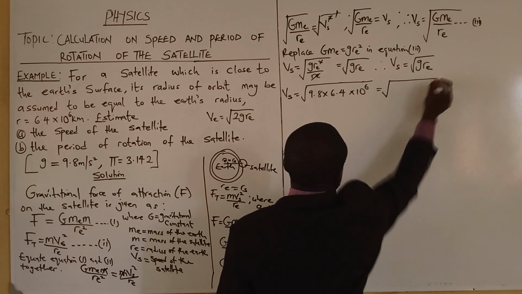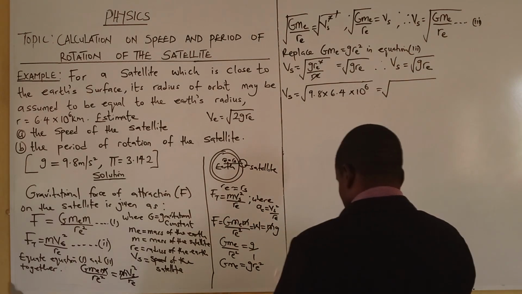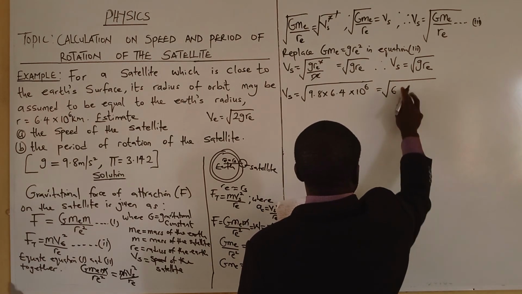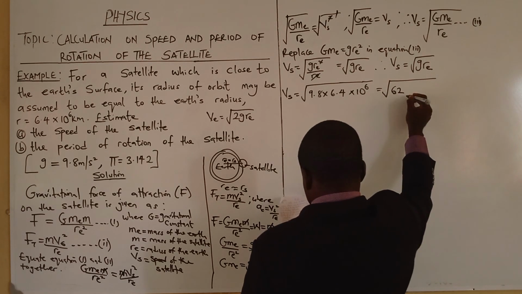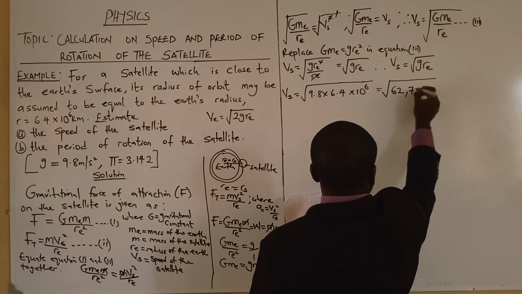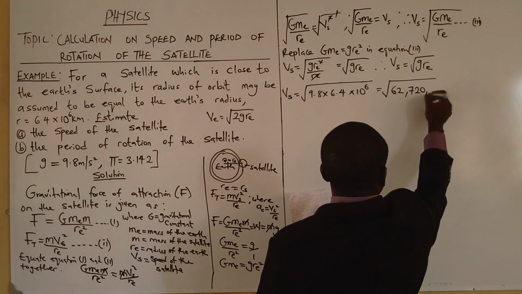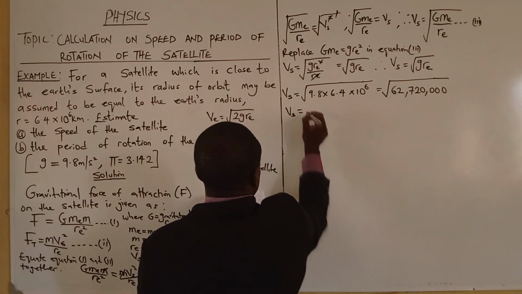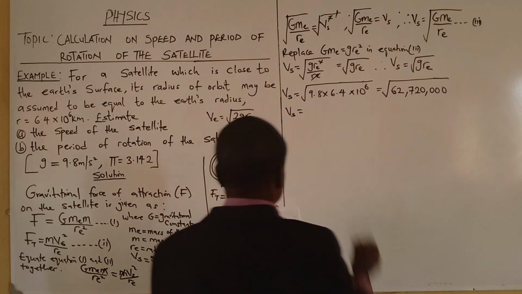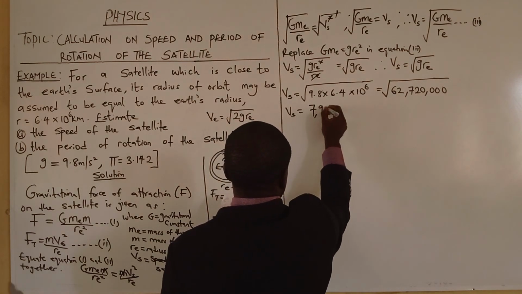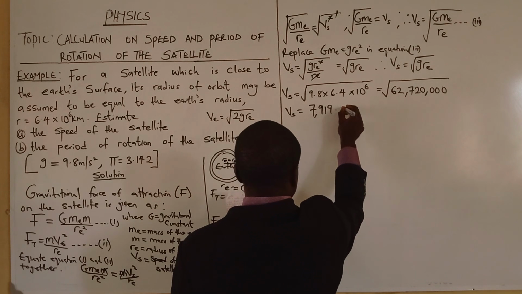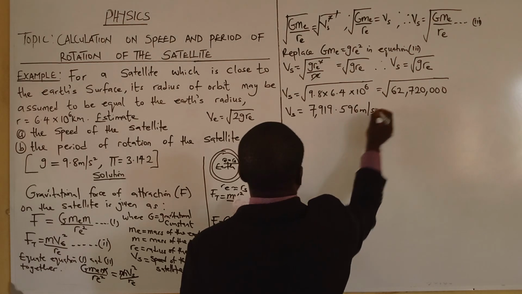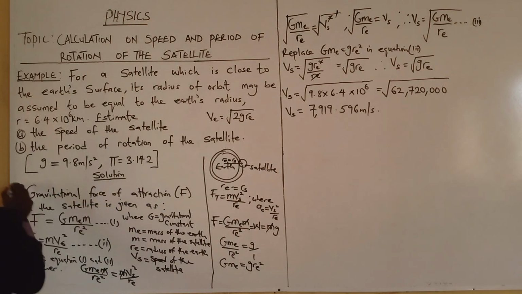When you multiply that, you have 62,720,000. When you find the square root, you have the speed of the satellite to be 7,919.596 meters per second. This is the first part.